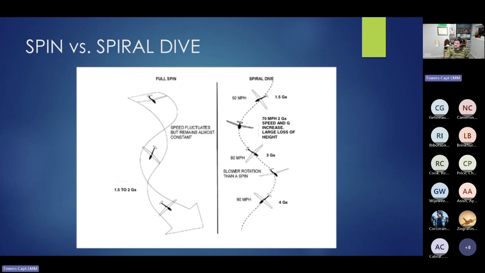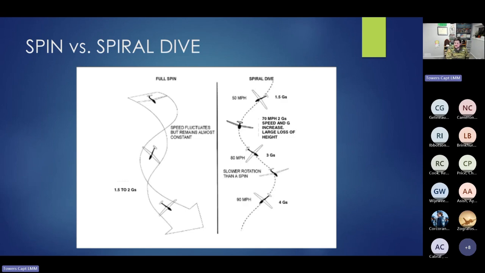Yeah, I can go back to the spin recovery in a second here after I go over this diagram. So in the spin, you've just lost lift on one of your wings, your stalled condition, you're kind of slowly fluttering down. I like to think of a spin as if you've ever seen those maple leaf seeds, where it's like a flying wing with a single seed and you watch it flutter through the air.